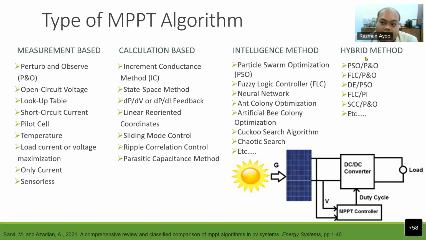Then you have the hybrid method, a combination of certain intelligent or measurement based methods. The popular one most of you have usually heard of is perturb and observe, P&O. For intelligent methods, we usually use particle swarm optimization. I already showed you before, it collects the data from the PV and sends the control signal to the DC-DC converter.